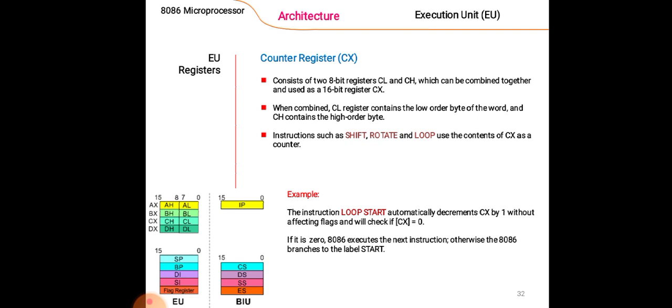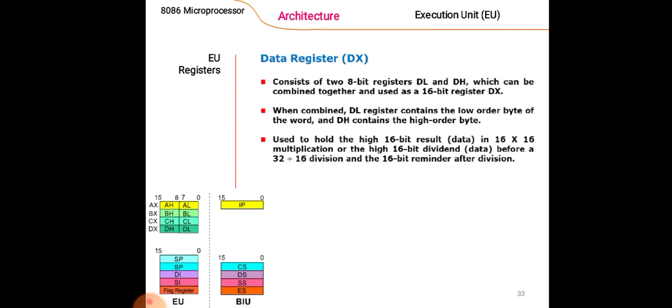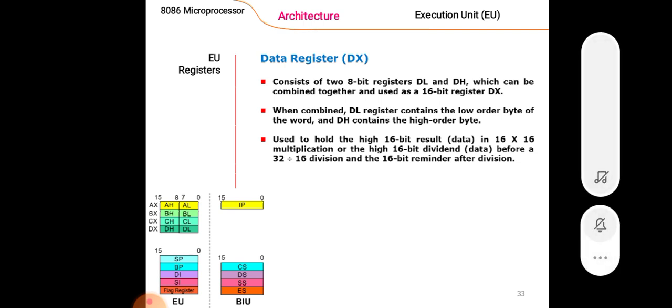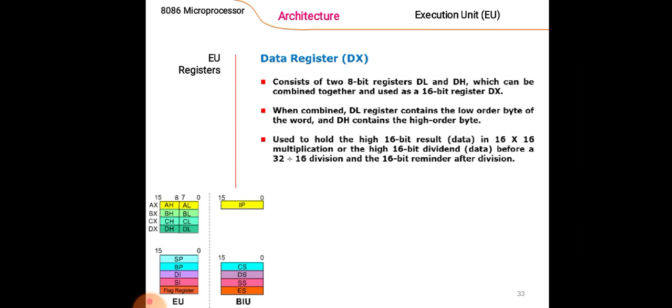Then the data register DX is used to hold the lower order as well as higher order data, so it is called a data register. It performs division operation, or we can store the dividend or multiplier in the data register.